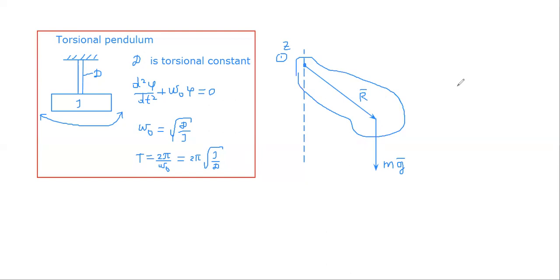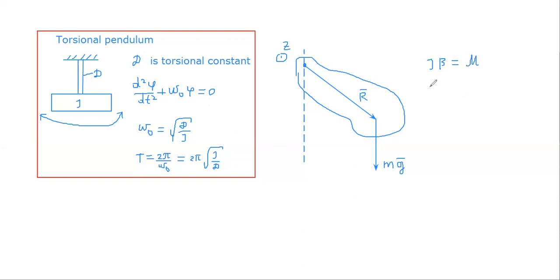In this case, we also have the differential equation of rotational motion dynamics. We know it from mechanics. Moment of inertia multiplied by angular acceleration beta is equal to the moment of force.